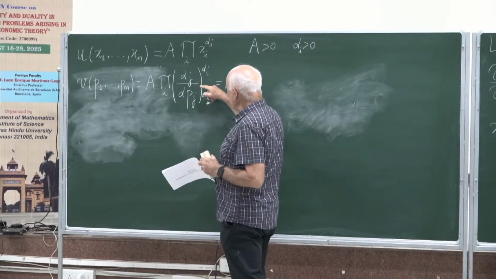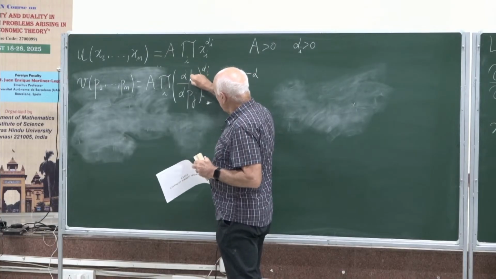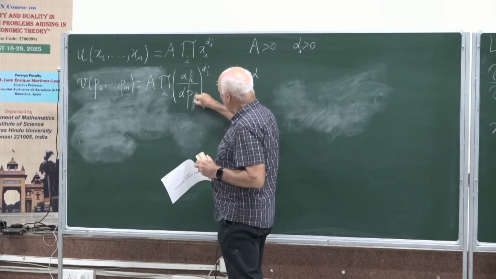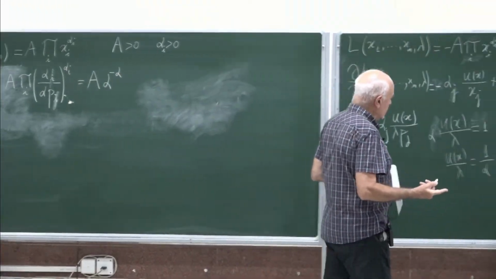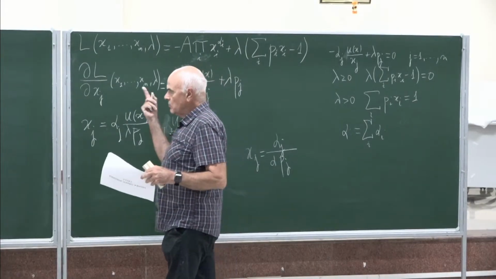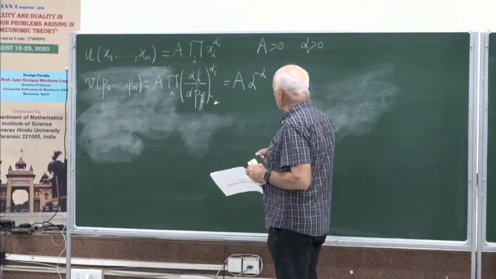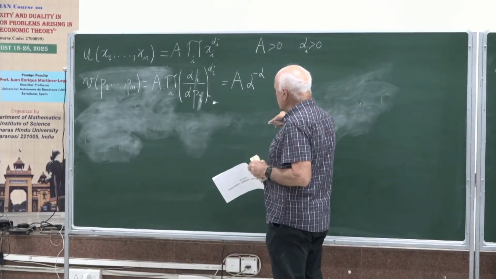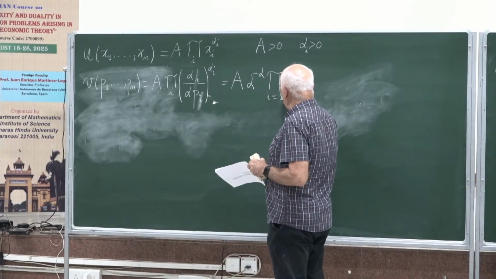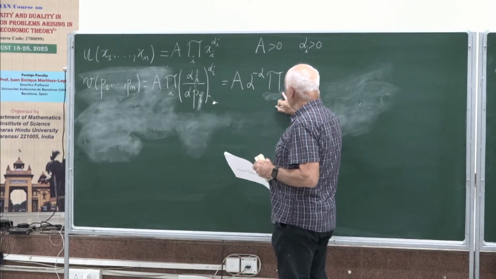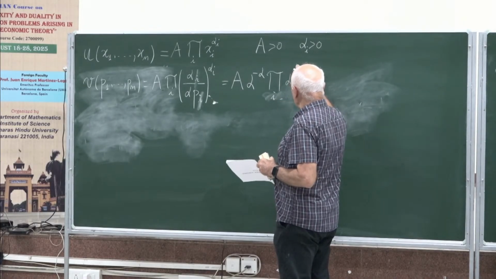Then I also have, well, the subindex was wrong, because here I have xi and I used the expression for xj, but I forgot to change the subindex. Now it is correct. And so I also get the product over i of alpha i to the power alpha i.